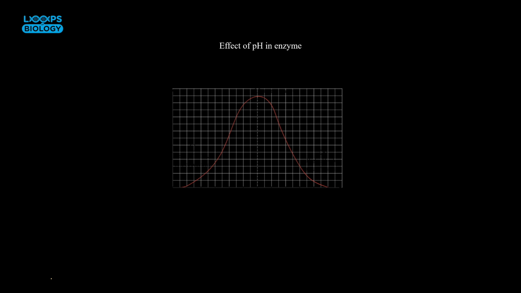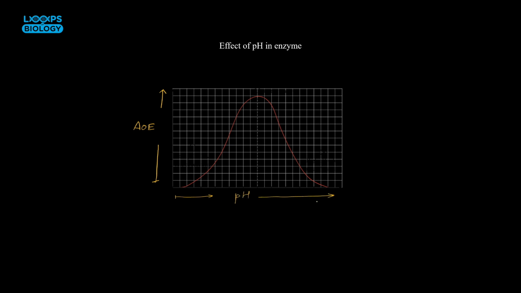If I'm talking about the next condition, that is the effect of pH on enzyme, and if I'm considering activity of enzyme on the y-axis and on the x-axis there is a pH scale.